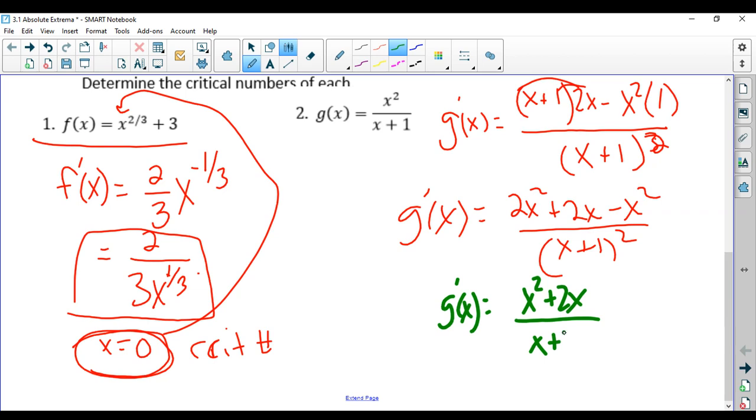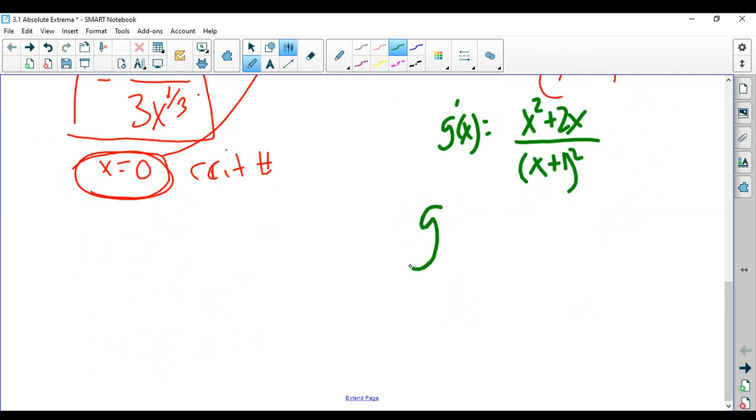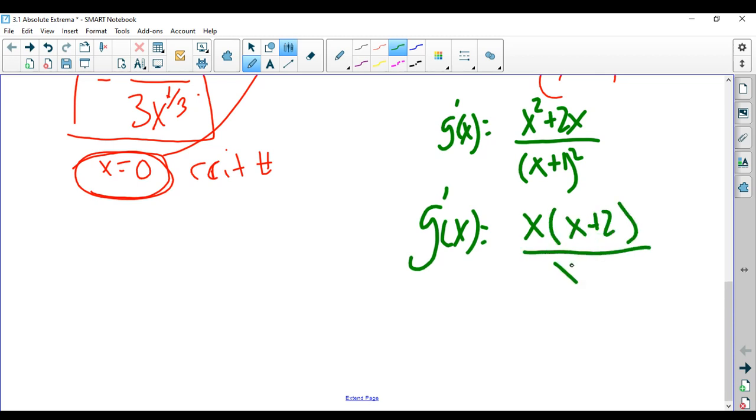And finally, I'm going to factor the top just to make it easier to solve. So our derivative is x times x plus 2 over x plus 1 squared.